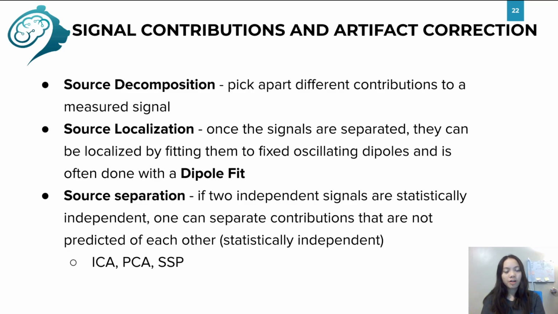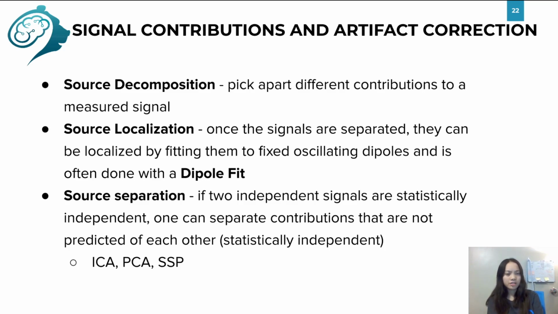The purpose of artifact correction is to remove neural signals that aren't useful for our analysis, but these techniques often intersect with the techniques used to pick apart different contributions to a measured signal, also known as source decomposition, and then estimate its localization in the brain through source localization.